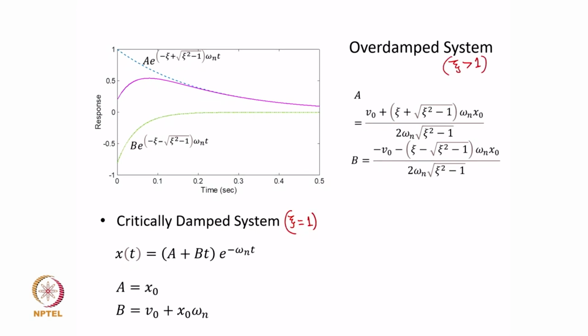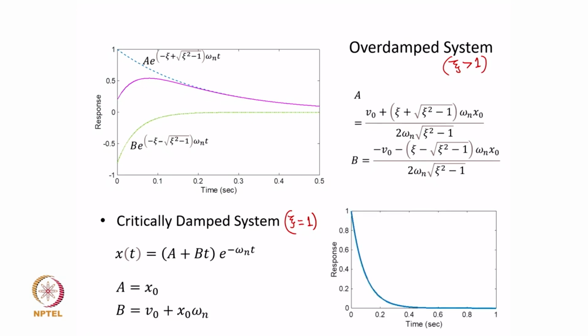In that case, the A and B expressions turn out to be this, and the response looks somewhat like that. Okay. As you see, the response does come to a mean equilibrium position much faster as compared to a case where the damping factor zeta is much larger than 1.